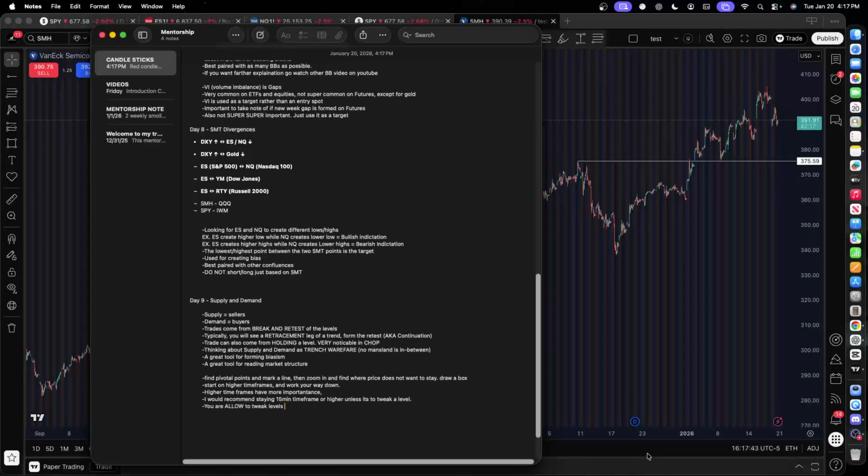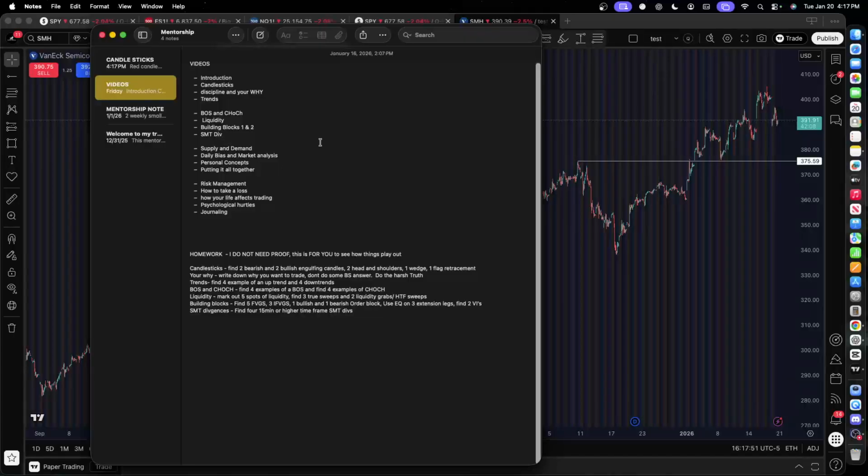Pretty self-explanatory, not rocket science, kind of important. Ta-da. Super duper easy. And then tomorrow we have bias and market analysis. We already kind of got the tip of the iceberg with that, so it's going to be a lot of how to use supply and demand, SMTs, liquidity, break of structure, and trends to form a bias. So we're making hella progress.